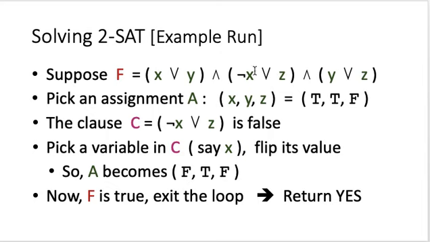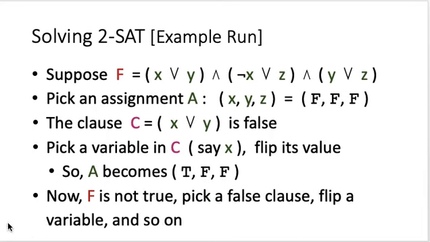Let's pick this one, and then flip one of the variables. This time, let's say we flip x. After flipping the variable, the assignment TTF will now become FTF. Now when we have FTF, after careful checking, we will see that each of the clauses is now true. So true and true and true will make f true. In that case, we will exit the loop and then return yes.